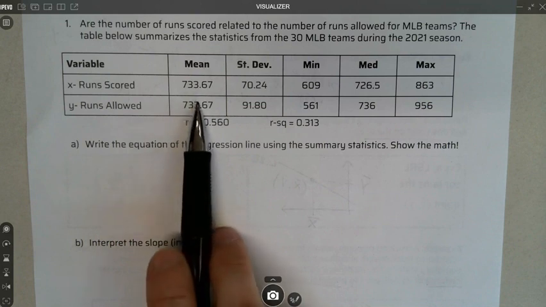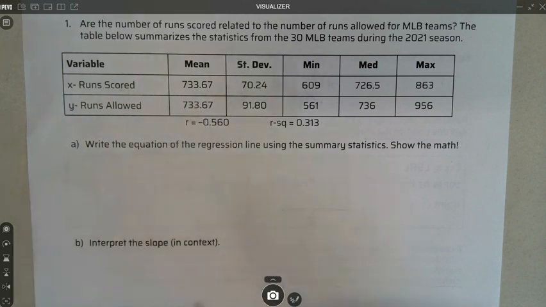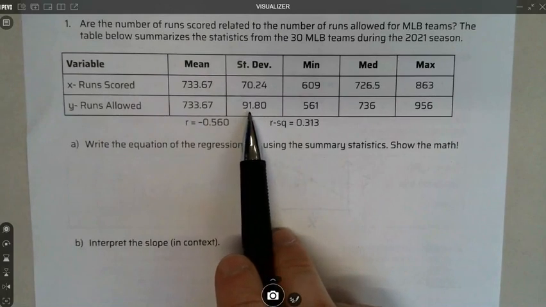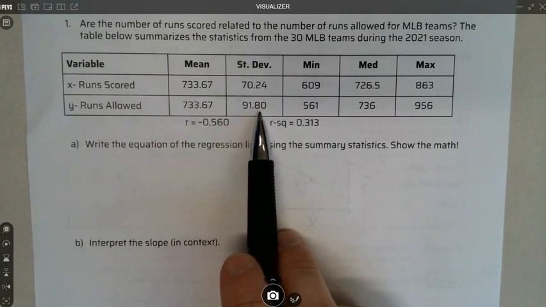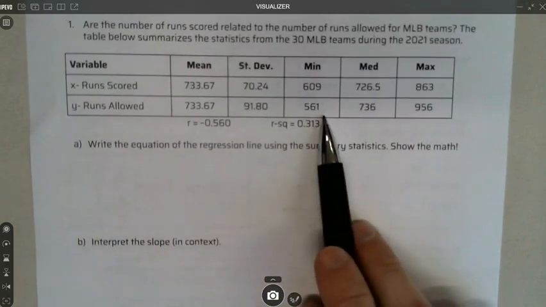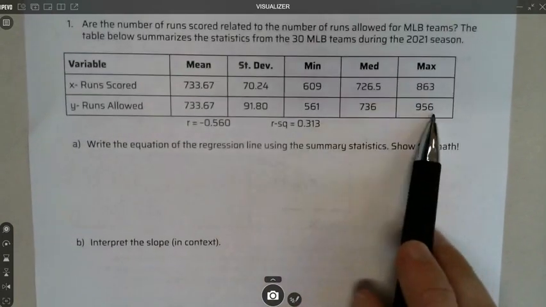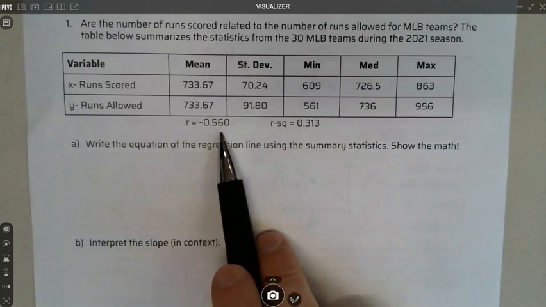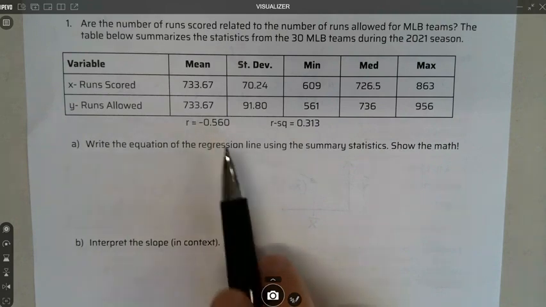That will not always equal each other. In this case, it just does. And runs allowed have a little bit more variability, 91.8 runs variation from the mean on average. The least amount of runs allowed was 561. The max was 956. There is a moderate, negative correlation between runs scored and runs allowed.